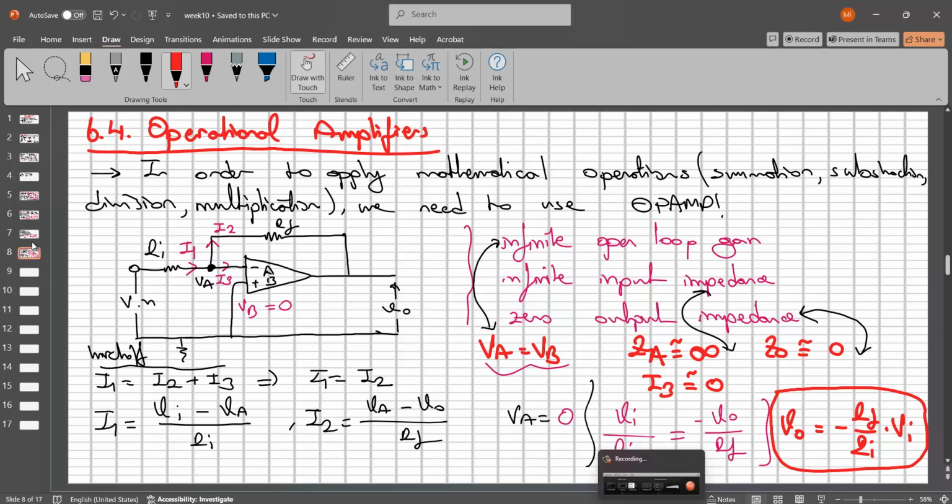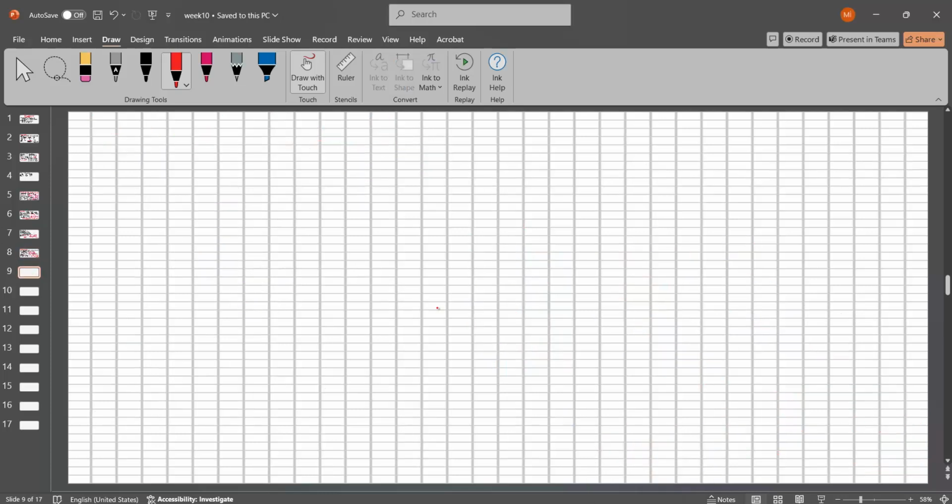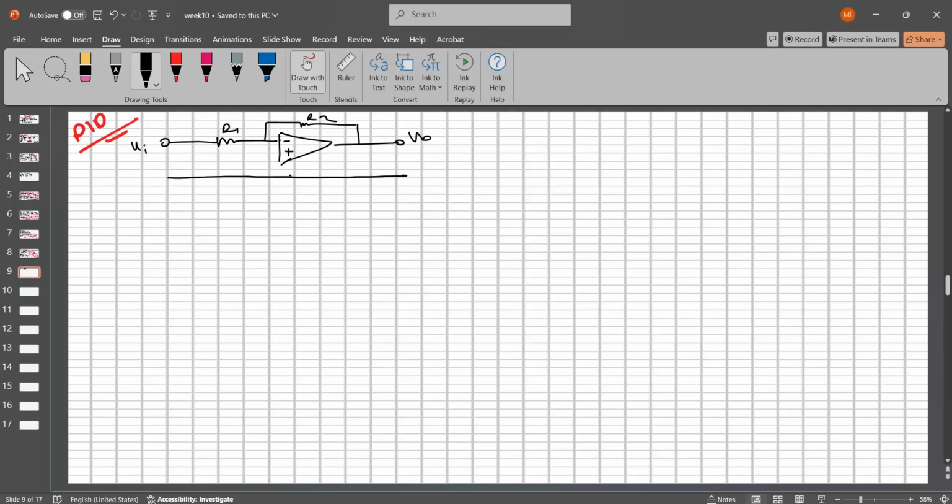Okay. We should consider this one. In normal case, we can build the PID controller based on these terms in here. Suppose that we have the signal R1 and we have the op-amp value R2 in here. So we have V0, Vi, okay? And also we have the ground connected to this one, okay? This Vi and V0.